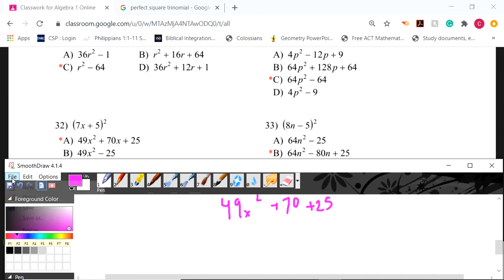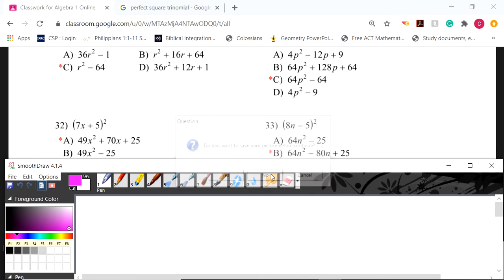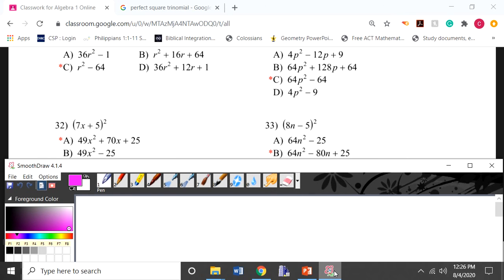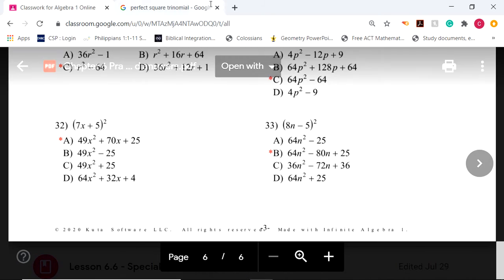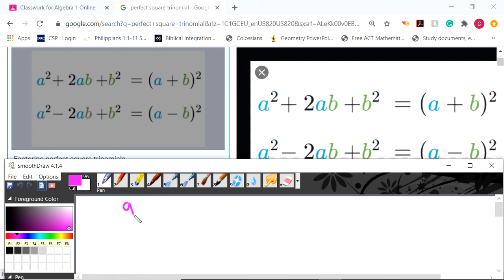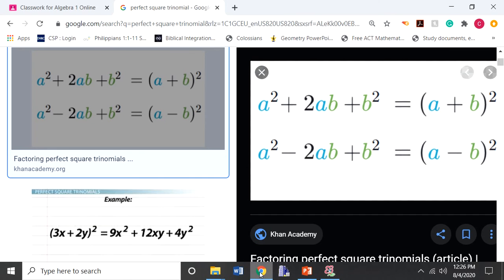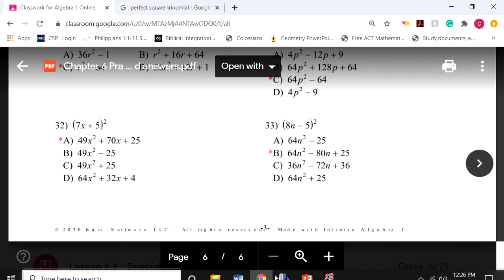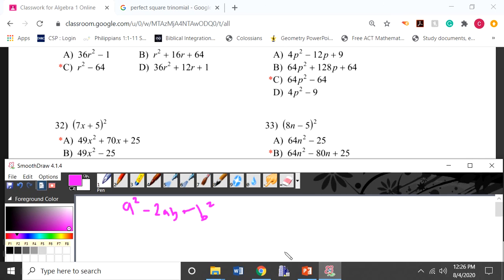And then last but not least for this is when you subtract them. Remember, it's a perfect square trinomial, so we're working on the subtraction. So it becomes a squared minus 2ab plus b squared. So here's our last one. We got 8n minus 5.